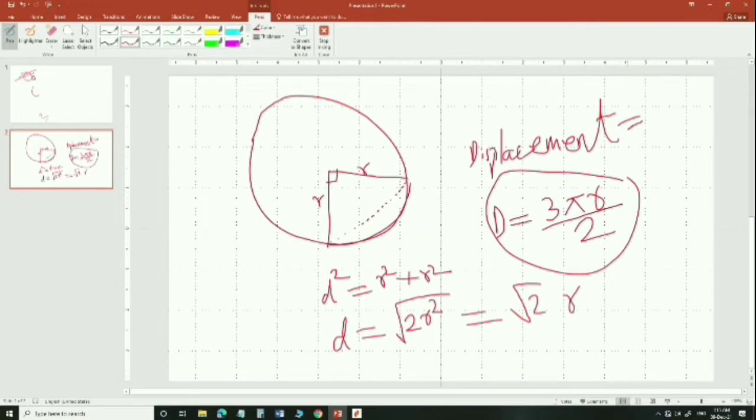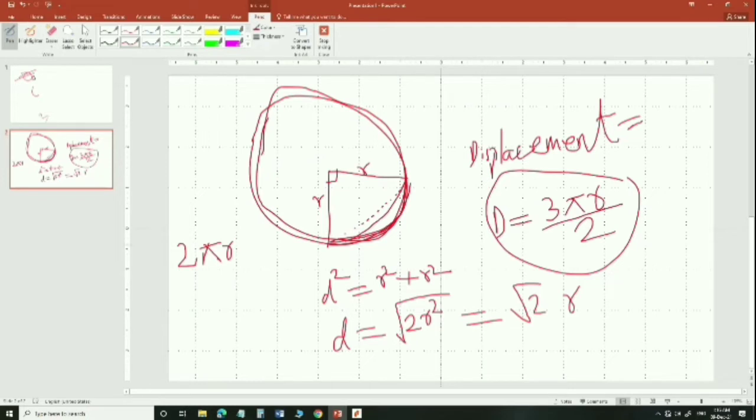Now he moves only this portion. The whole circumference is 2 pi r, and the uncovered part is the 1/4 portion.